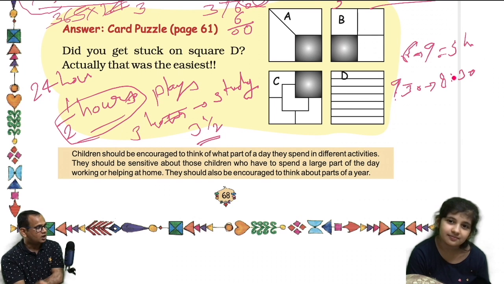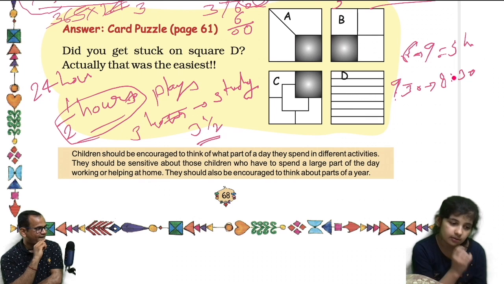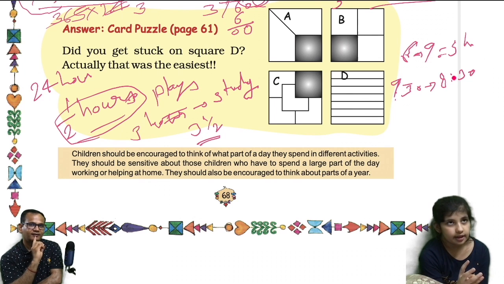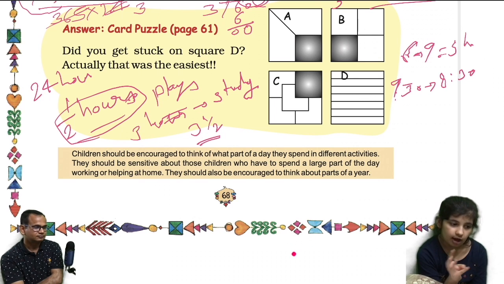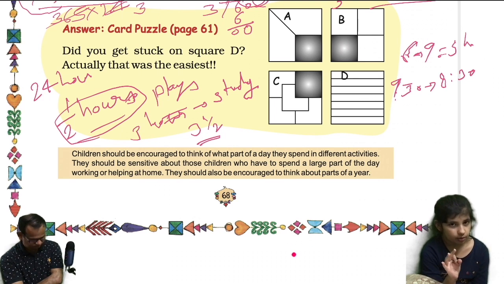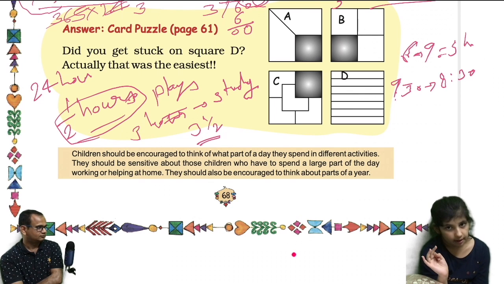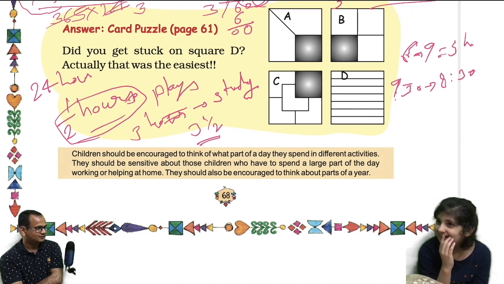So how many hours did you sleep? 9 to 9:30. Calculate. Havisha is still calculating. 9 hours. Not 9 hours, Havisha.